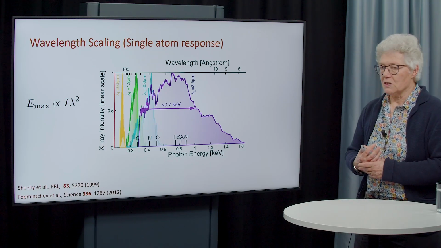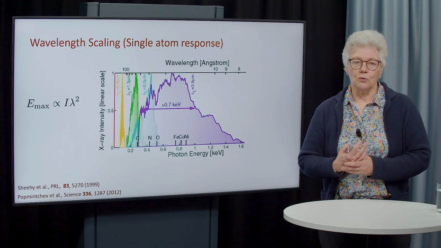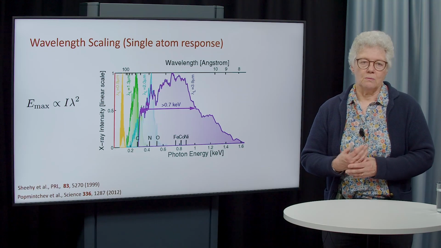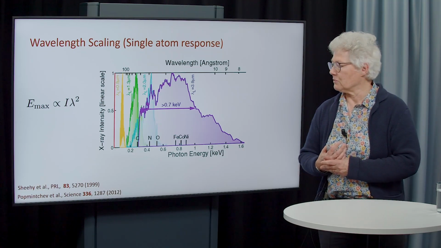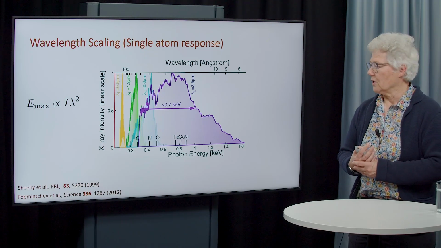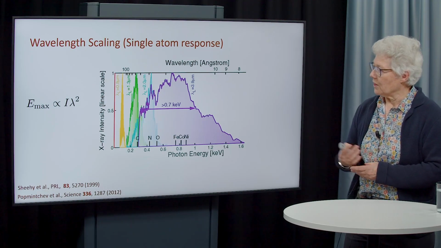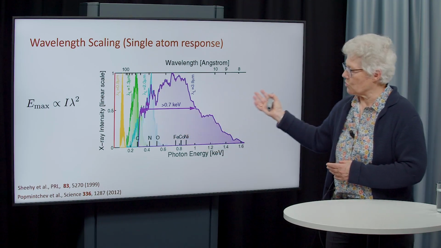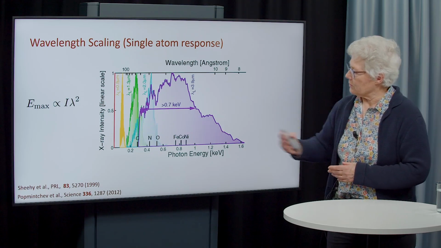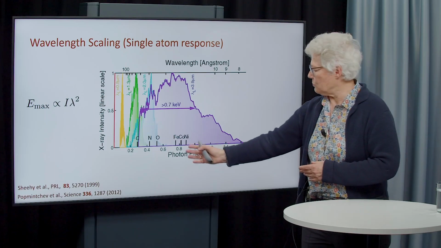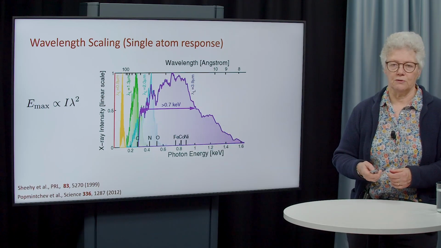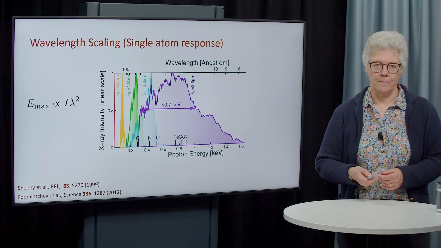And this means that if you use long wavelengths, like mid-infrared laser systems, you can get very high order harmonics and very high photon energy, as is shown in this picture, showing the range of harmonics as a function of input wavelength and reaching photon energies of a few hundred electron volts.